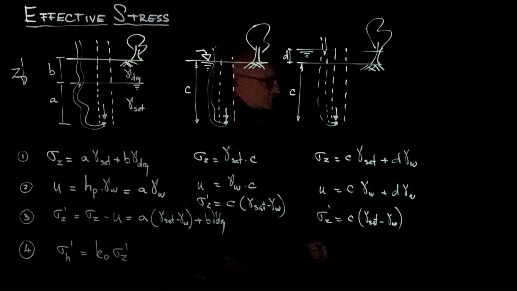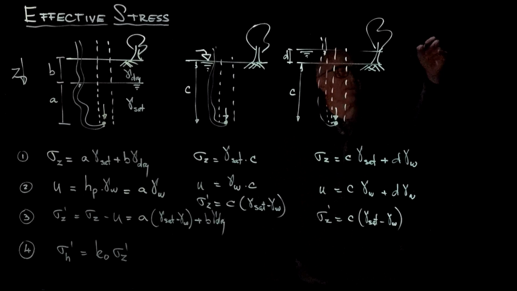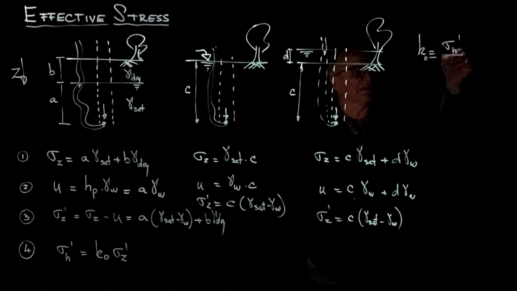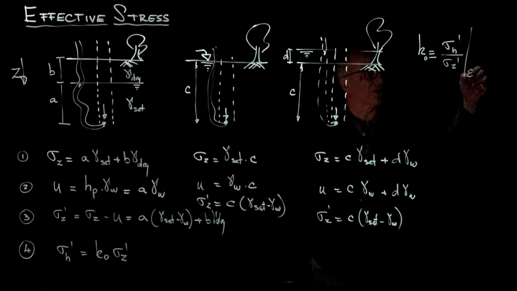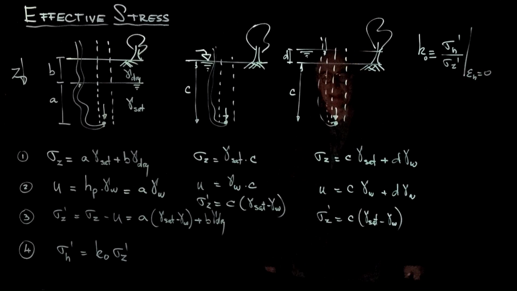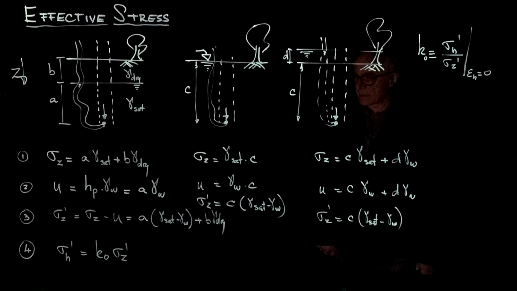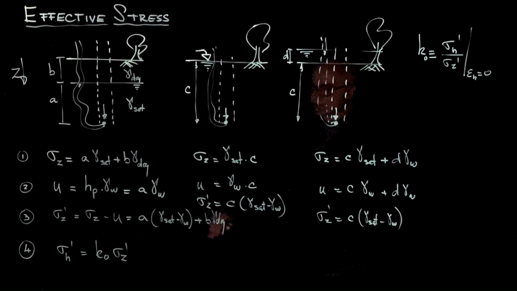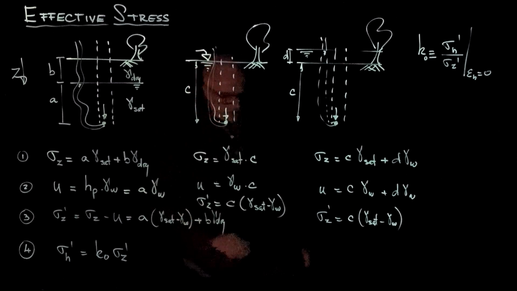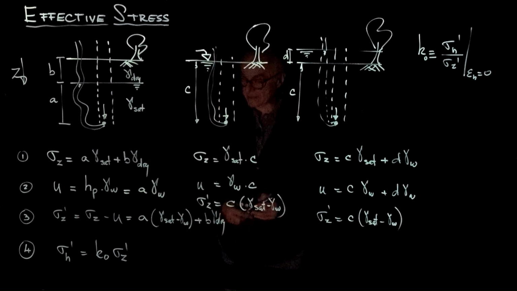Now, this is true if and only if the following conditions apply, because by definition K naught is the ratio between sigma horizontal effective over sigma vertical effective under horizontal strains equal to 0, and during first loading, during burial. And so we can use the same equation to compute the horizontal stresses in the 3 cases.